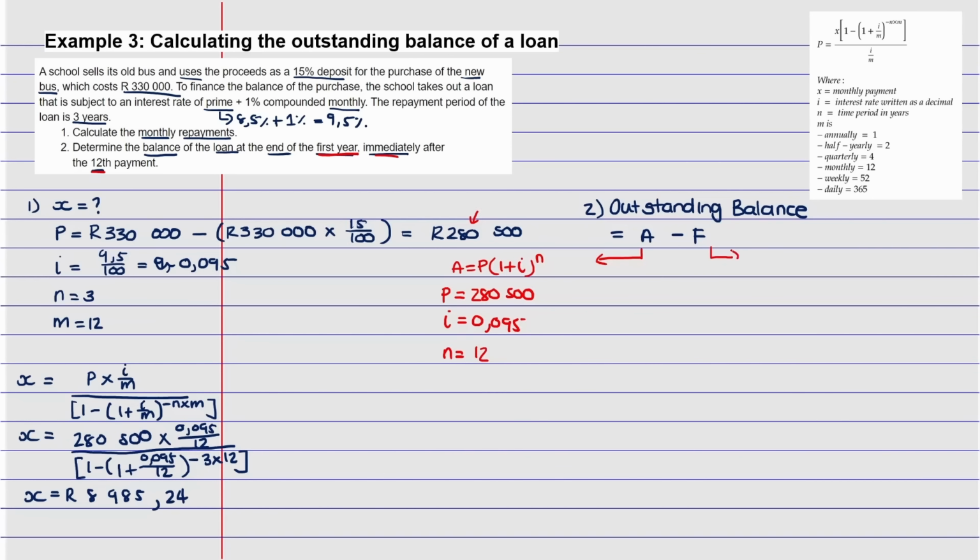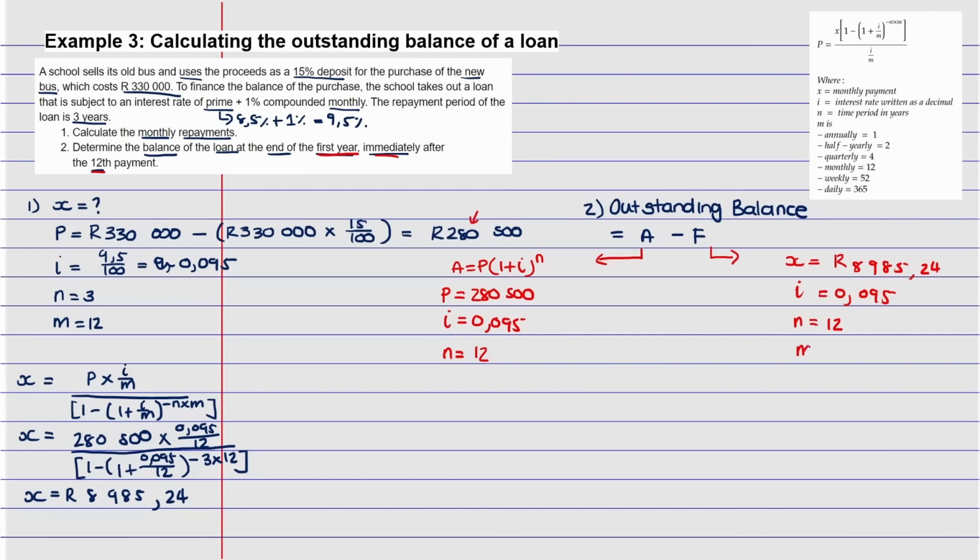So with F here, your X is going to be your monthly installment, which is 8,985.24. Then we need i, which shares the same i, 0.095. Then n is 12 months.